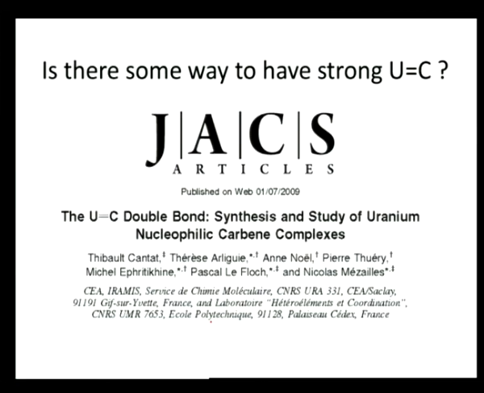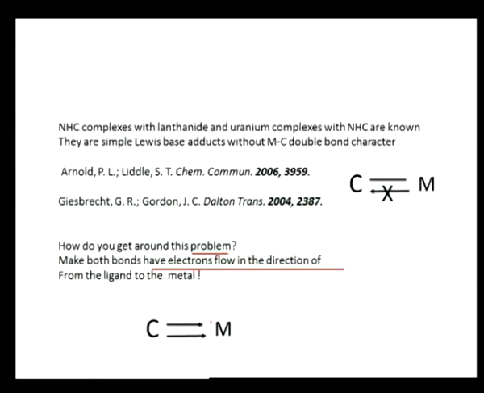So, recently in 2009, a molecule has been synthesized where you have a uranium carbon double bond, and this has been achieved by using a particular trick, and that is as follows.